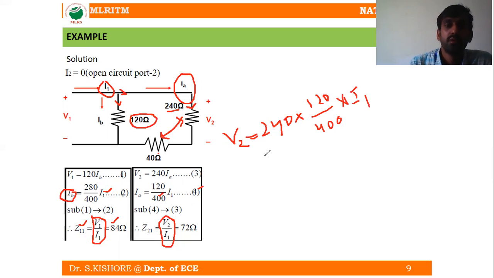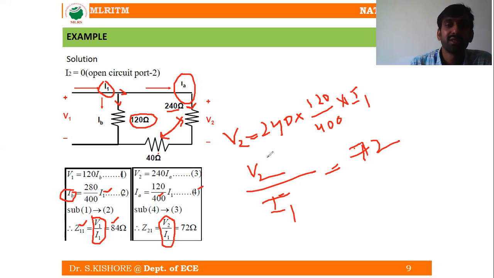So now V2 by I1 is equal to, solving this, we came across this 72. We came across 72 ohms.